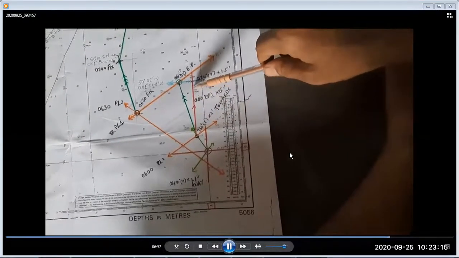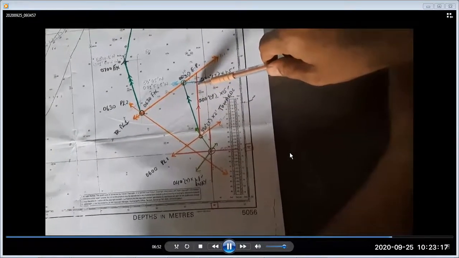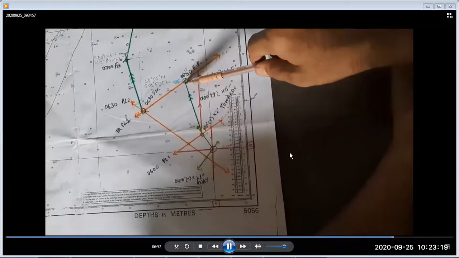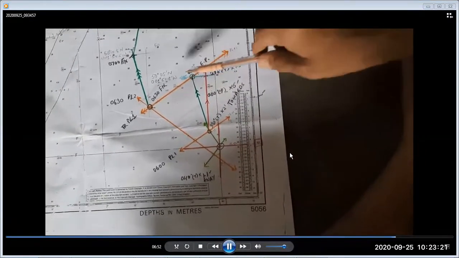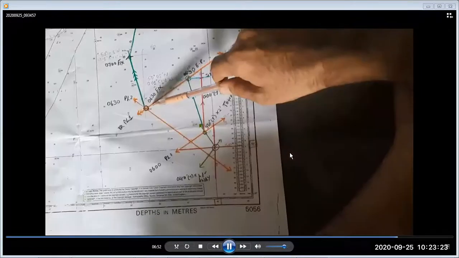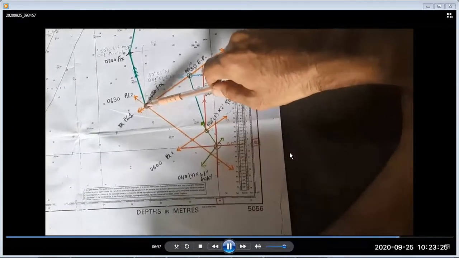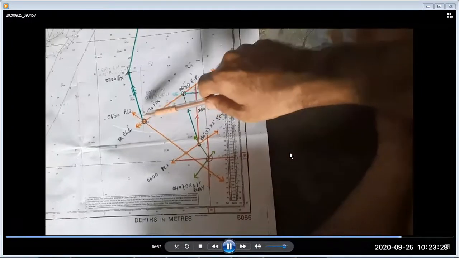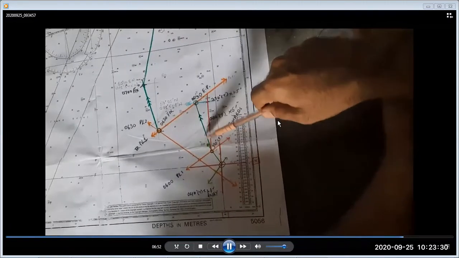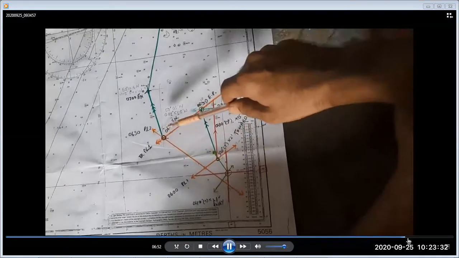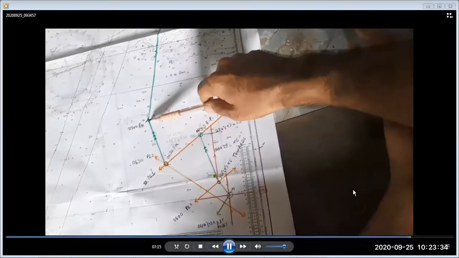We plot the course to steer for half an hour, the time given, and the current, and from the EP we transfer the first PL, and wherever the first and second PL cut, that is our fix, and we join the assumed point to the EP, that is our course made good. This course made good gives our distance from the 0700 position.